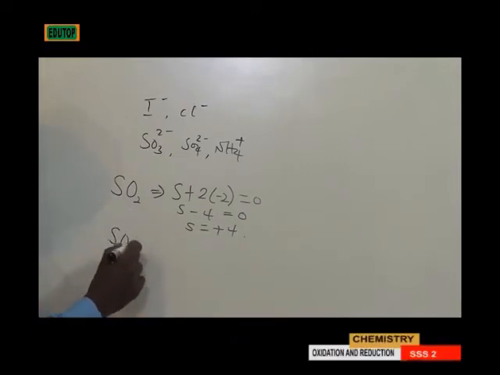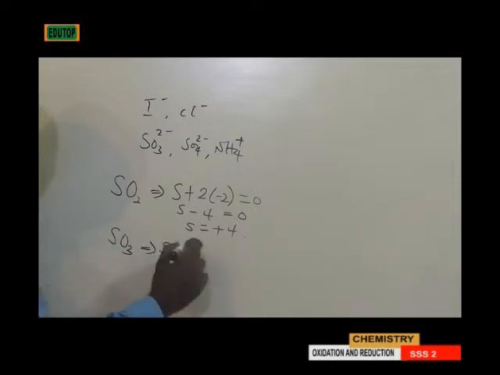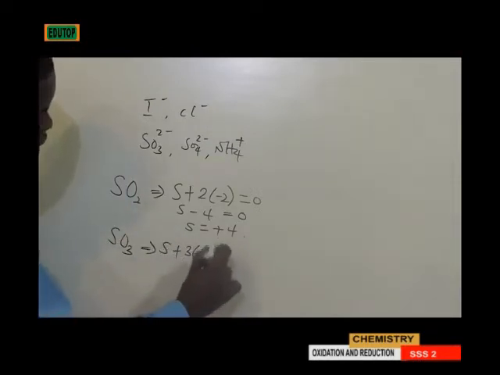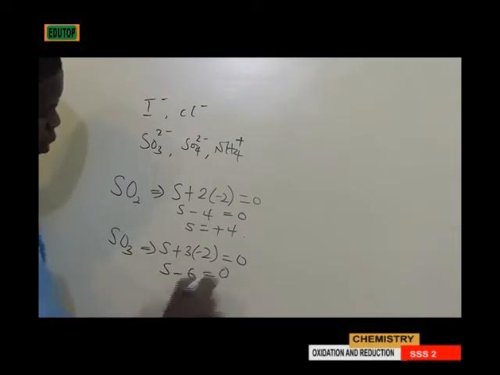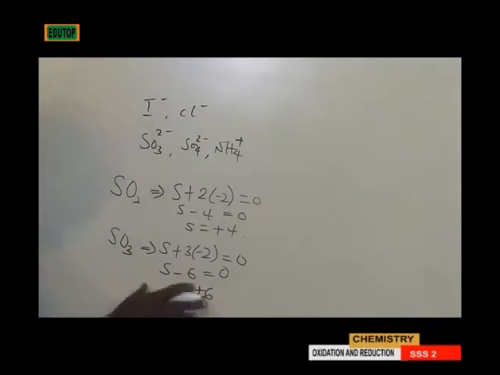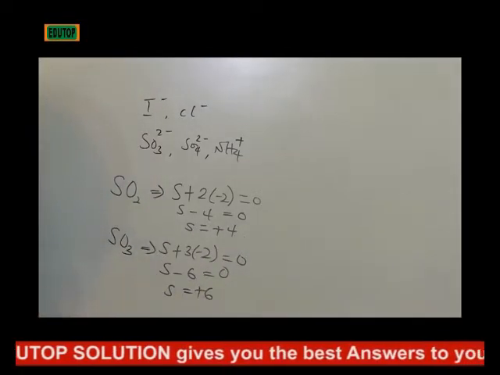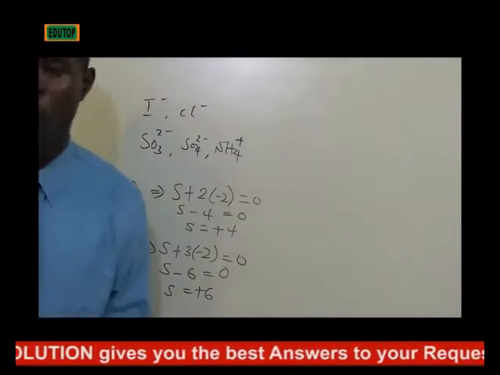Here, sulfur, oxygen is -2, 3 of it, equals 0. Then S minus 6 equals 0. So S equals +6. So the oxidation number of sulfur here is +6, while here it is +4.